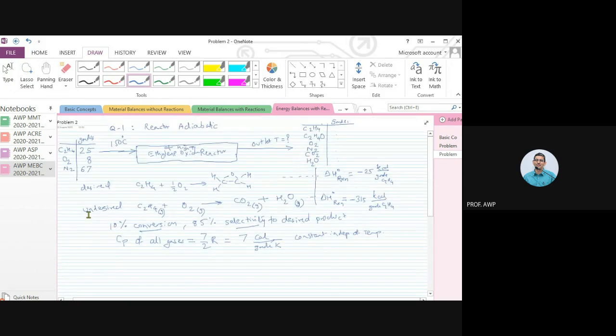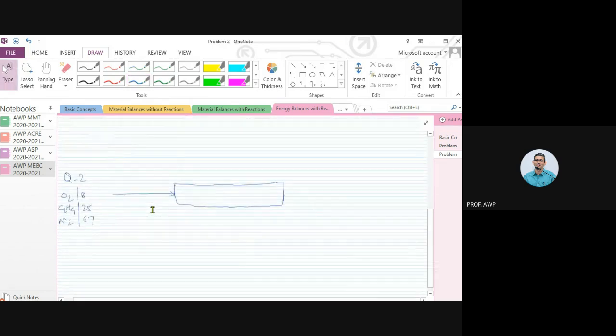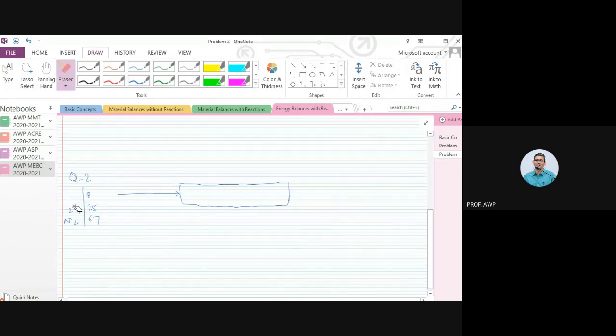I just wrote the ethylene first, so that everybody doesn't get confused: ethylene, oxygen, 25, 8, 67. Again, same 10% conversion, 85% selectivity to desired reaction.